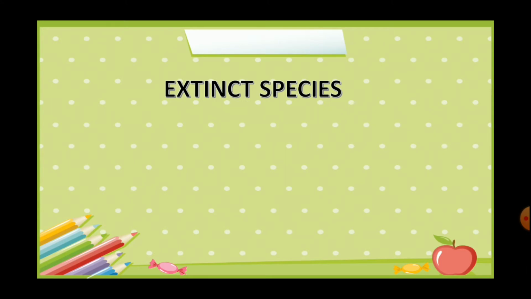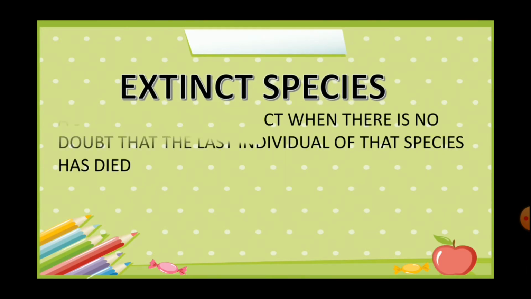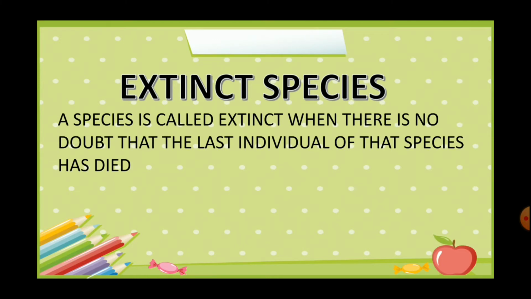Now, extinct species. What is meant by extinct species? A species is called extinct when there is no doubt that the last individual of that species has died. It means that there is no single member of that species in the ecosystem.